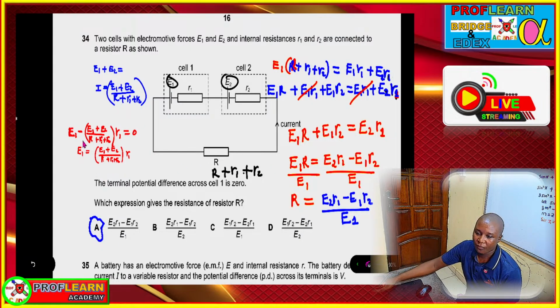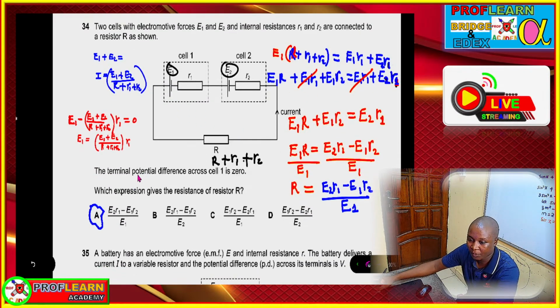Then once we have done that, there is another piece of information that is given here, that the terminal potential difference across cell 1 is 0. So what does that mean?